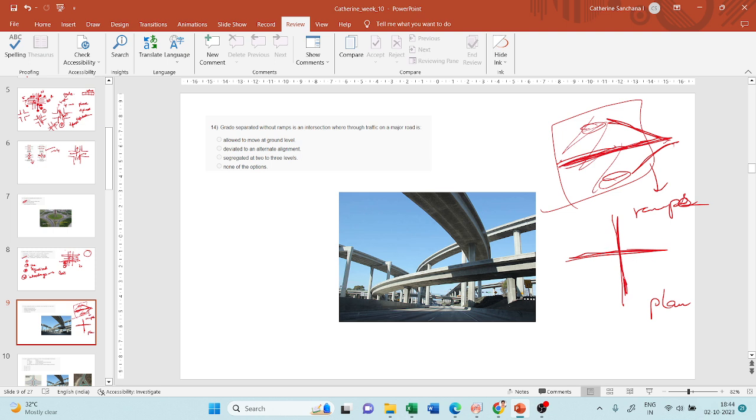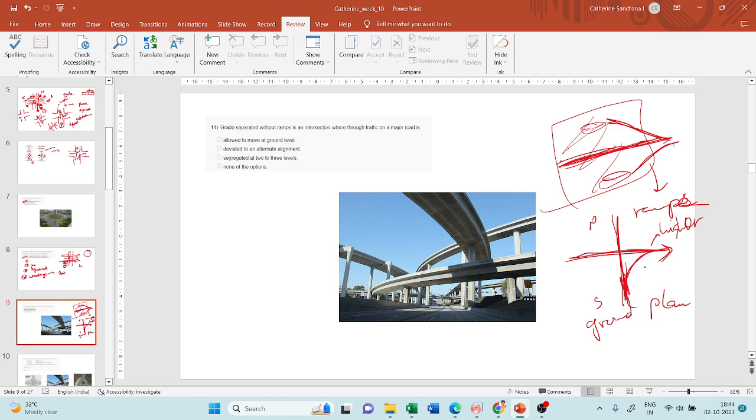If you give a provision for vehicles moving in the north-south direction to change to the east-west direction, imagine north-south is at ground level and this is at a higher level, you need ramps for that, right?